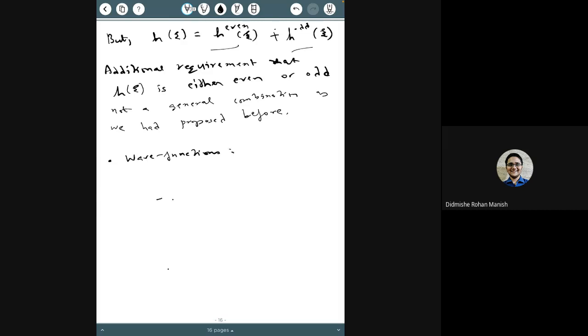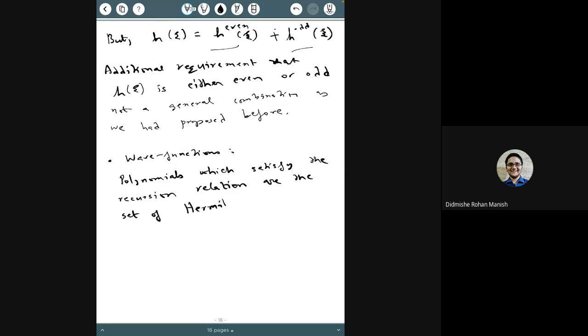So polynomials which satisfy the recursion relation are the set of Hermite polynomials.